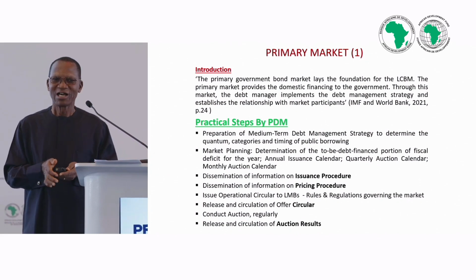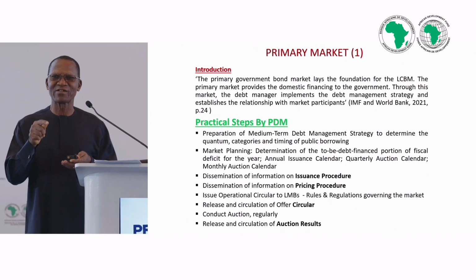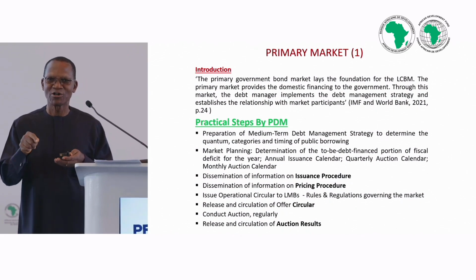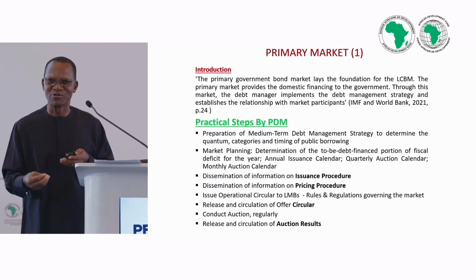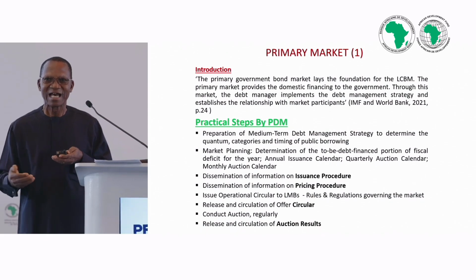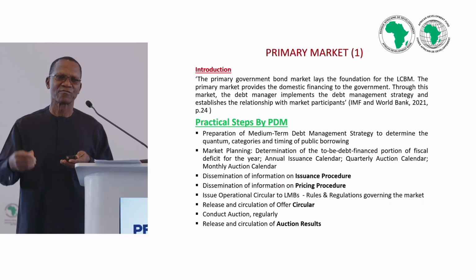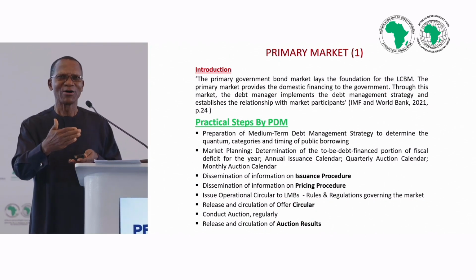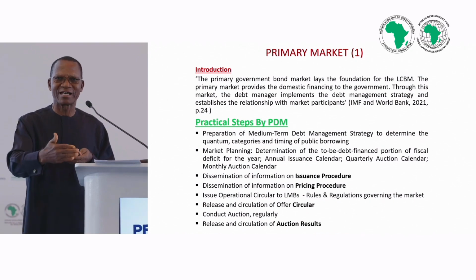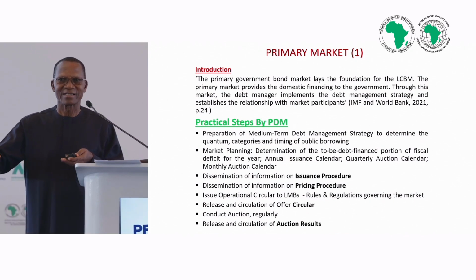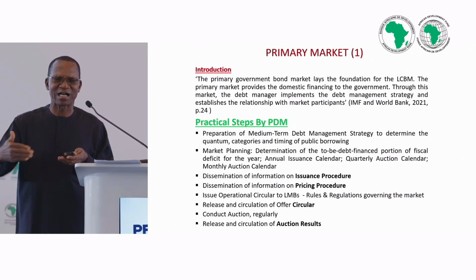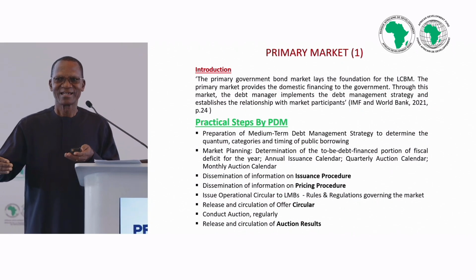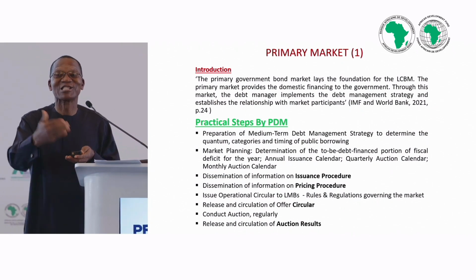Now, in deciding out of the 100 billion how much you have to borrow each month, a lot of things will influence it. Again, it relates to the idea of cash planning and cash management, which was discussed yesterday here. Because you have to know, by the program of the budget, the expenditure as per the Appropriation Act, how much will be needed in the first quarter of the year?